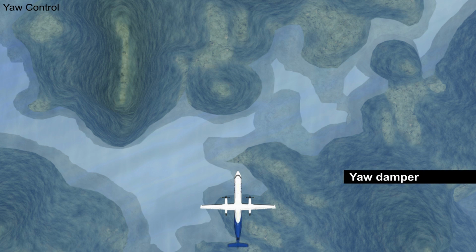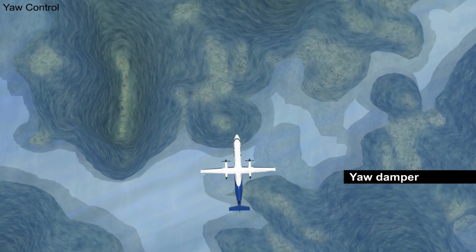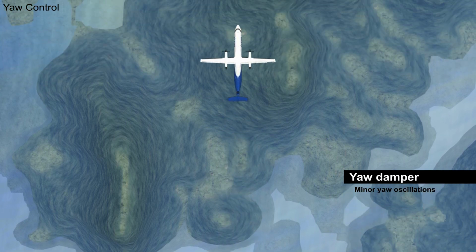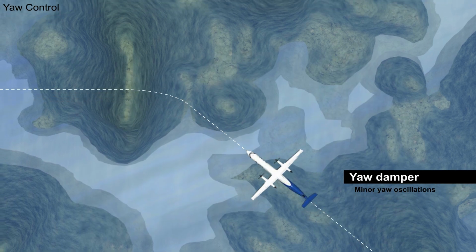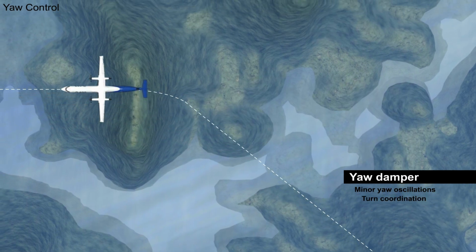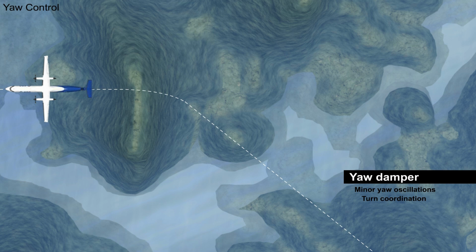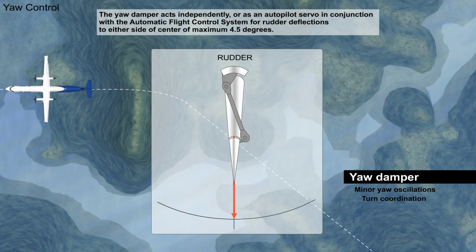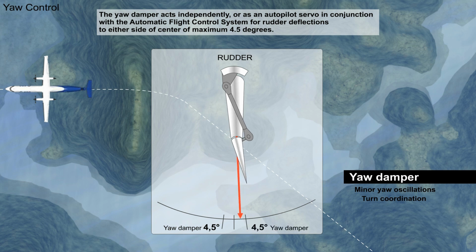The yaw damper is an actuator that supplies automatic compensation for minor yaw oscillations in flight and also improves the directional stability and turn coordination of the aircraft. The yaw damper acts independently or as an autopilot servo in conjunction with the automatic flight control system for rudder deflections to either side of center of maximum 4.5 degrees.